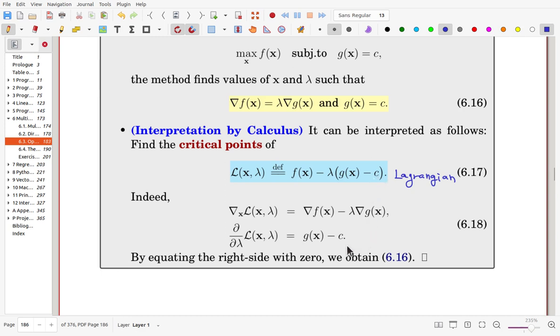Now we set these to be 0, like that. Then we can obtain the method of Lagrange multipliers. So in practice, in optimization theory, we will work with this Lagrangian.